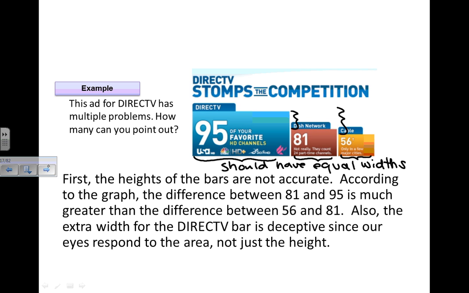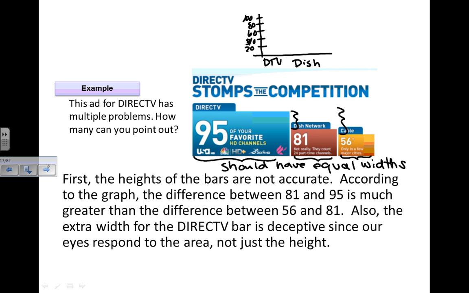So if I was going to make this, so you have DirecTV, you have Dish, you could go 10, 20, 30, 40. Actually, let me go maybe by 20 so I can get there a little easier. 20, 40, 60, 80, 100.